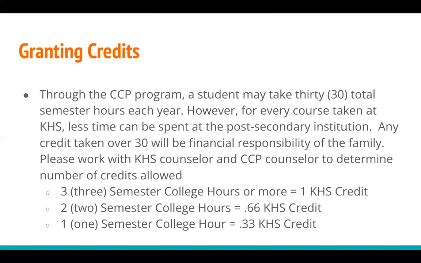We help the students keep track of it, but that is why it's so important for your student to bring their registration to us and to have us check it. Because sometimes there is a little bit of miscommunication between what happens on the college campuses and what happens on the high school campuses. And our job is to make sure your kid can graduate from Kirtland High School.